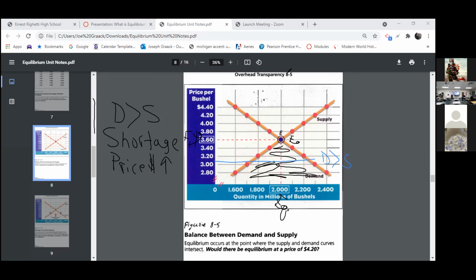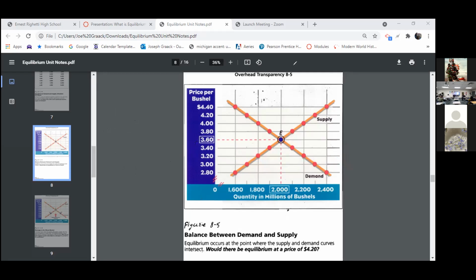You can say the same thing about the area above. This area here is always going to be a shortage area, and this area here is always going to be a surplus area. That makes sense: the law of demand says that as the price goes up, people are going to demand less.